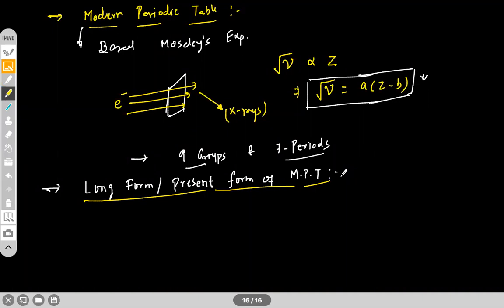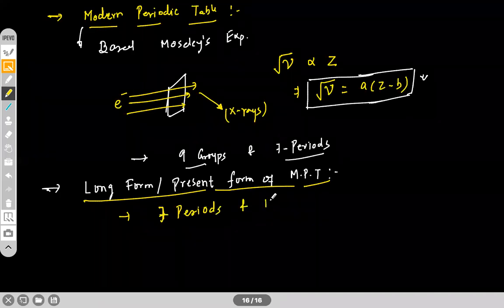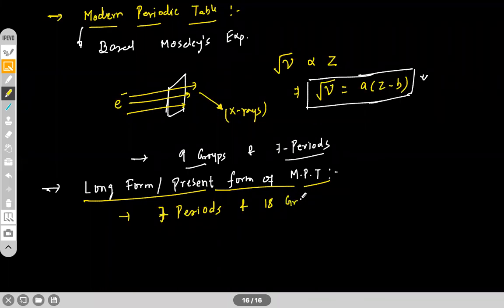In this one, we have 7 periods. This question they ask in the exam, that's why I'm giving you all this information. This has 7 periods and 18 groups. Groups means vertical columns. We have 18 groups here.